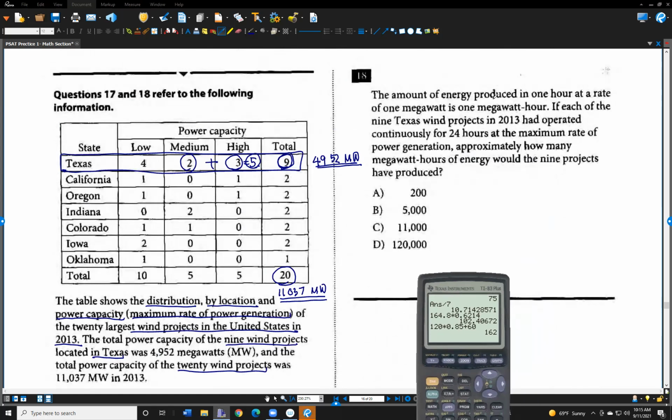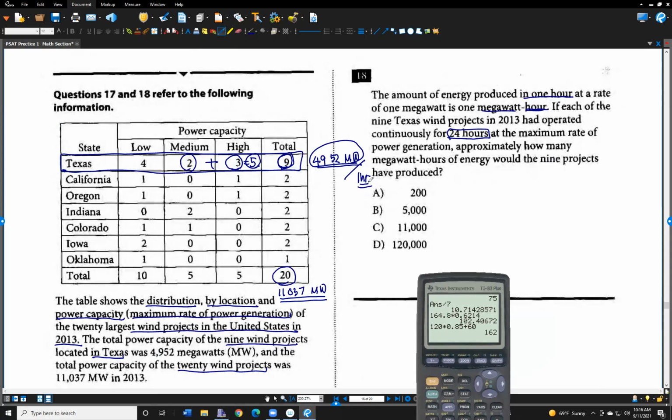All right. The next one over here. The amount of energy produced in 1 hour. We multiply by hours over here, megawatt times hour, right? That is energy, isn't it? If one of the 9 Texas wind projects has operated continuously for 24 hours, we already got that over here. That is for 1 hour, and that is a megawatt. So we use this one, 24 hours.